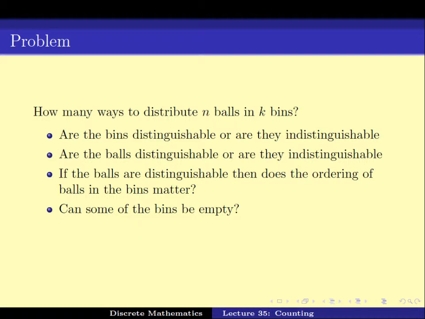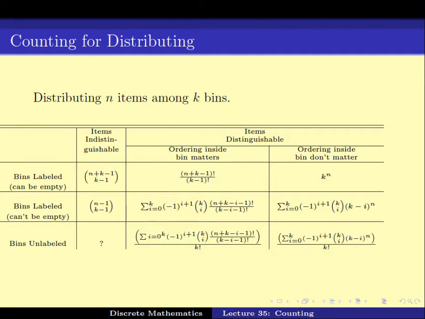Can the bins be empty? And are there any other restrictions? Now, at least for the first 4 such restrictions, we looked at all the possible cases. And we have got this particular matrix, namely whether the bins are labeled or not, whether the items are distinguishable or indistinguishable, and if the items are indeed distinguishable, then whether the ordering matters or not.